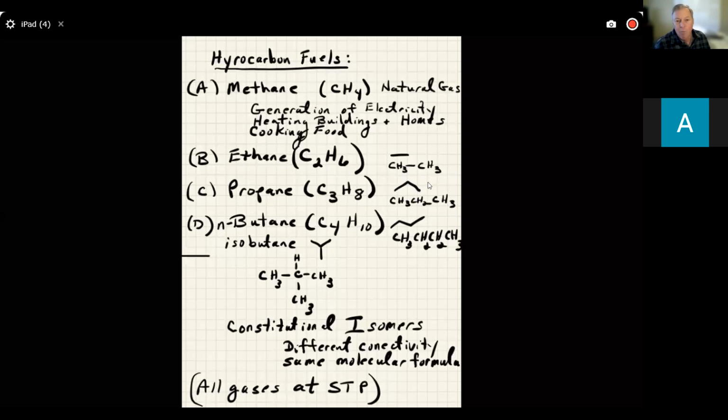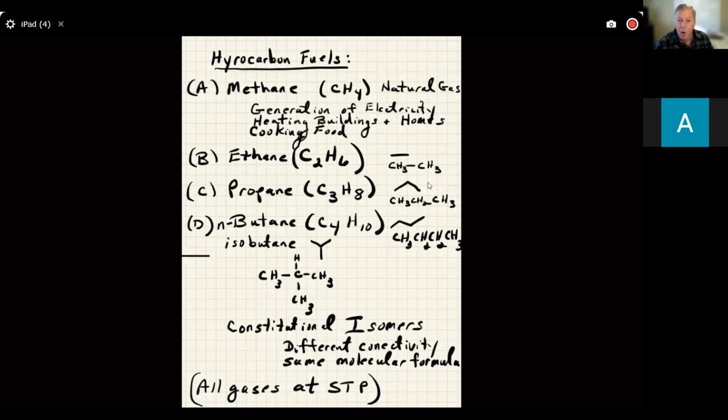Now, what do we use propane for? Well, a few things broadly in society. Maybe you have a grill on your back deck and you have a propane cylinder that you use for your propane grill. There are forklifts inside warehouses that use propane gas.